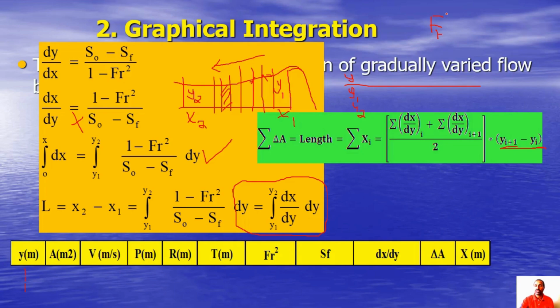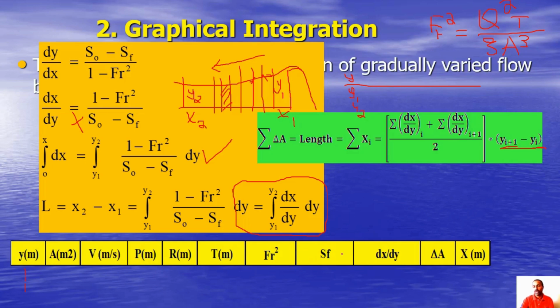Froude square, you have Q square T over GA cube. Clear? So using this equation, you can determine SF, slope of energy line.